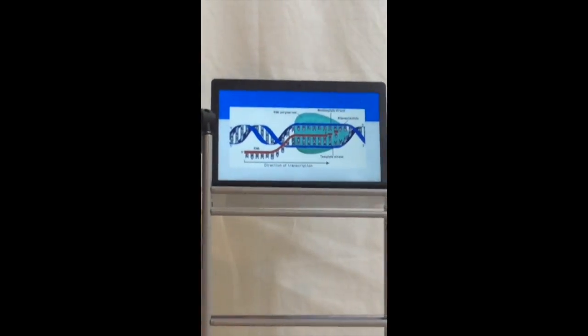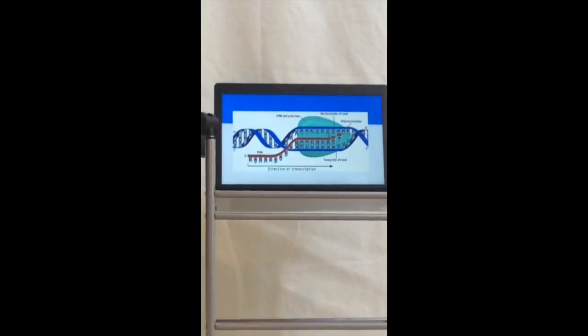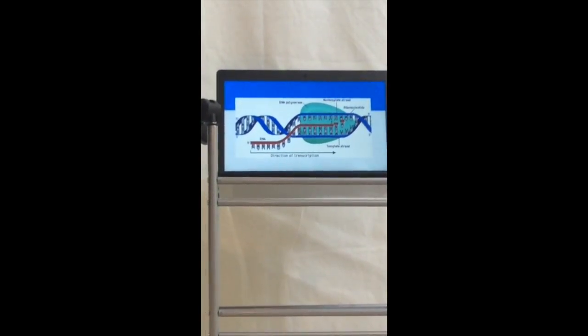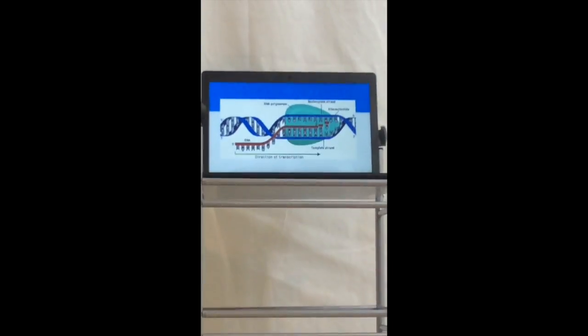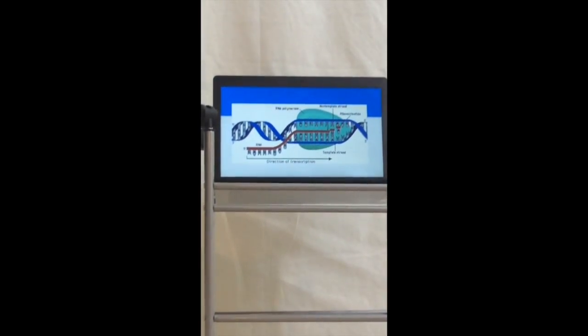A strand of RNA quickly elongates as RNA polymerase untwists the strands and copies the template strand as it moves. This creates the DNA-RNA hybrid complex in which one strand is DNA and the other strand is complementary RNA.